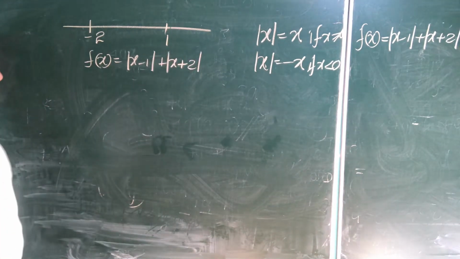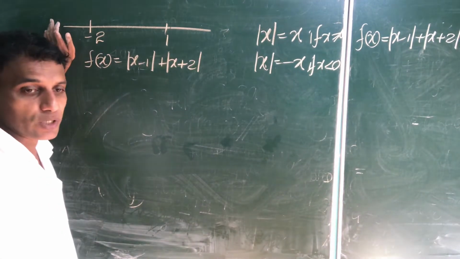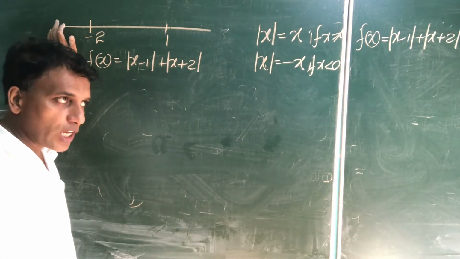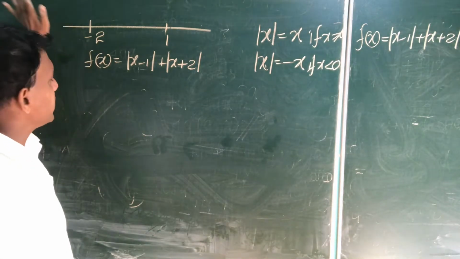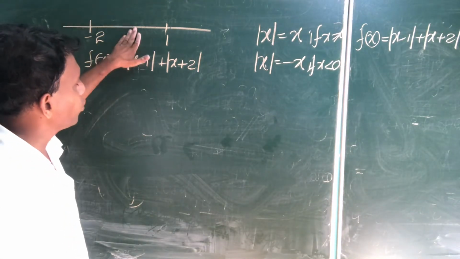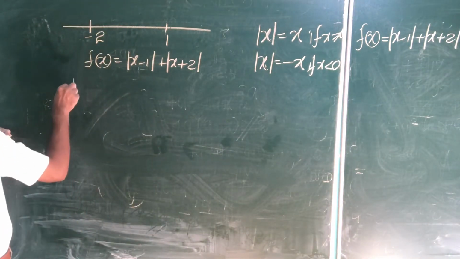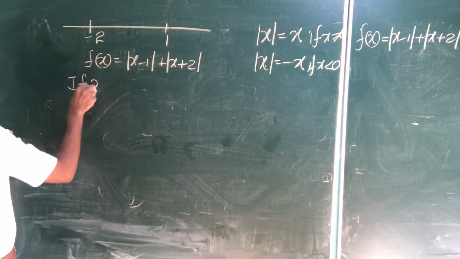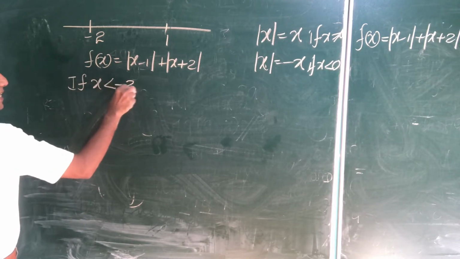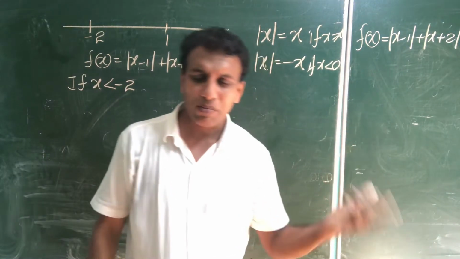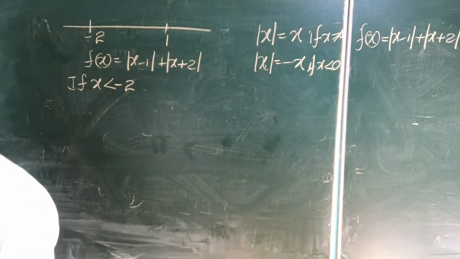Now we should find the values of the function, or equation of the function, in these three parts. First one, if x is less than minus 2, right? x less than minus 2 means negative: minus 3, minus 4, minus 5, put whatever value.